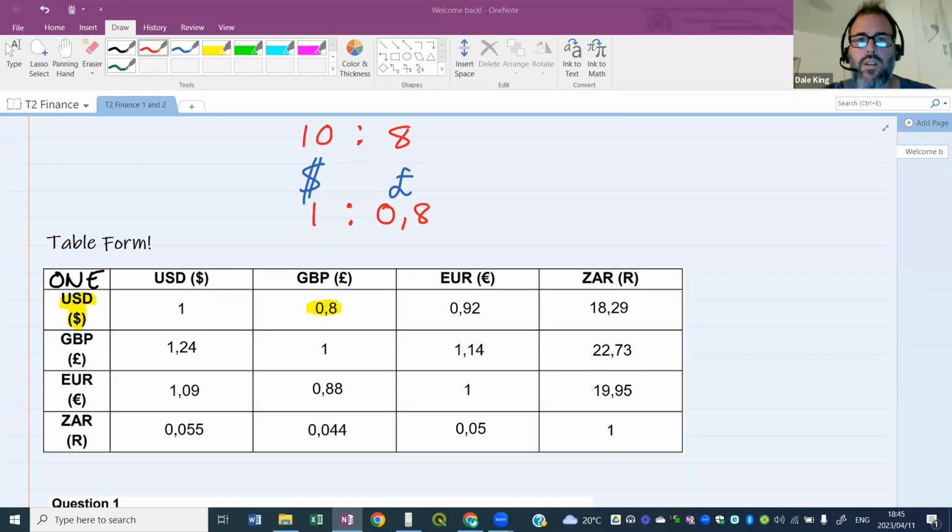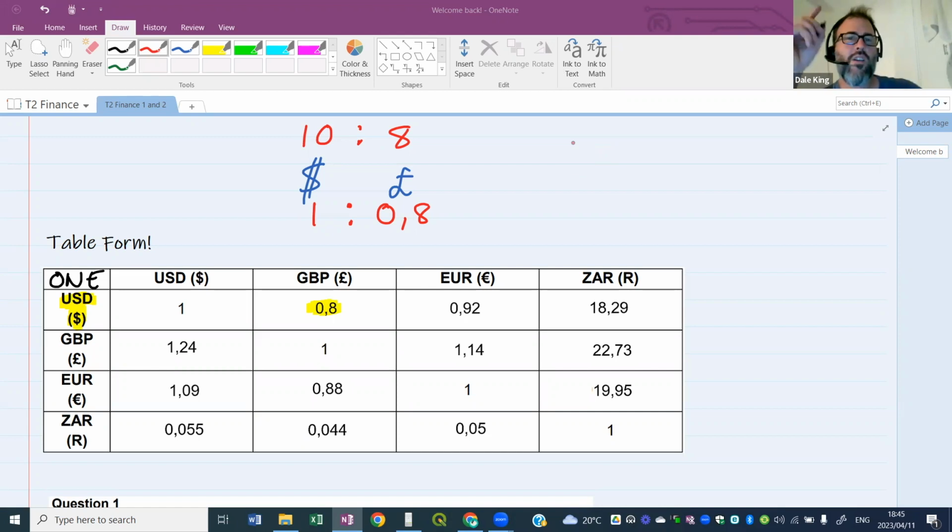All right. So, if you think about it, let's use the 10 and the 8 ratio there. If you think about it like this, for a British person to buy $10 US. Okay, Tapelo's sticking to his answer.